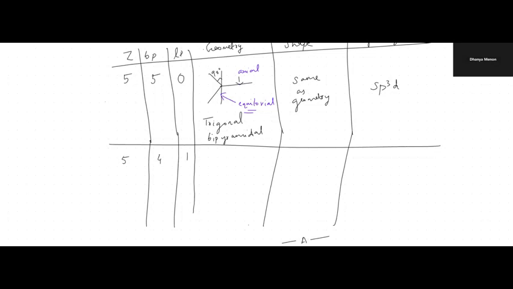The geometry is the same, trigonal bipyramidal. Suppose this is the central atom A, and I place the lone pair in the axial position.